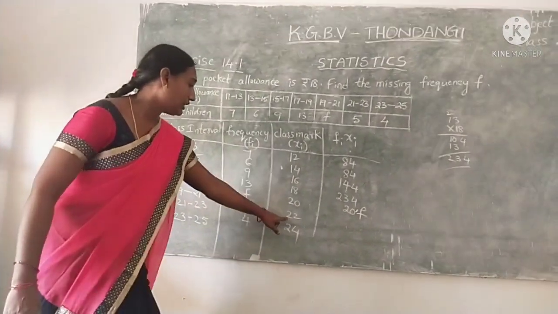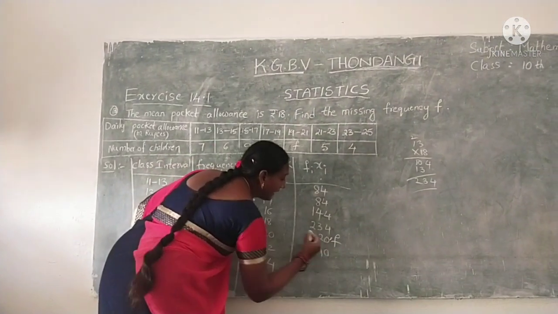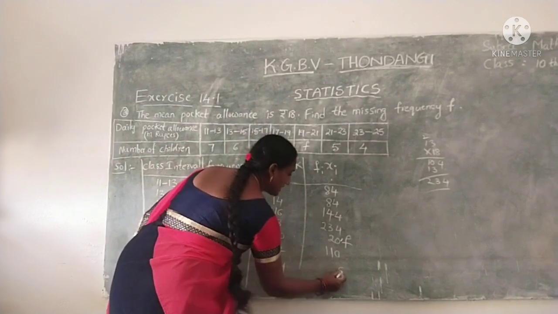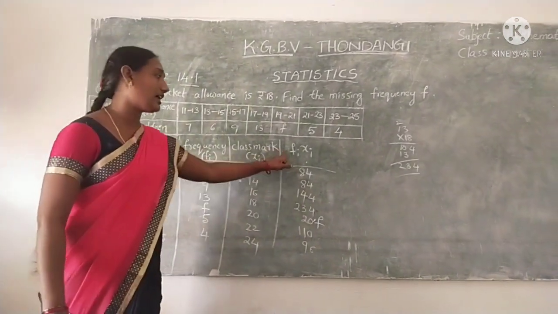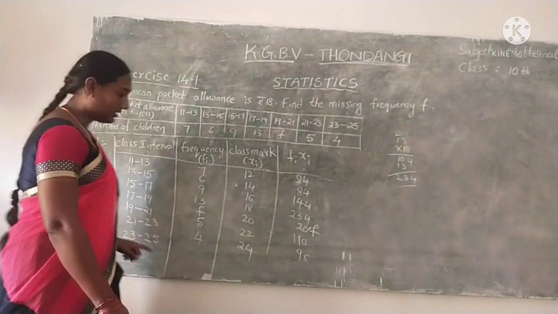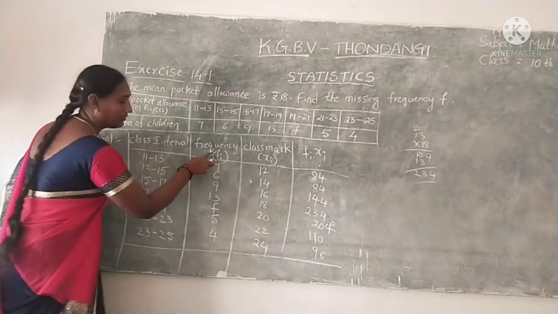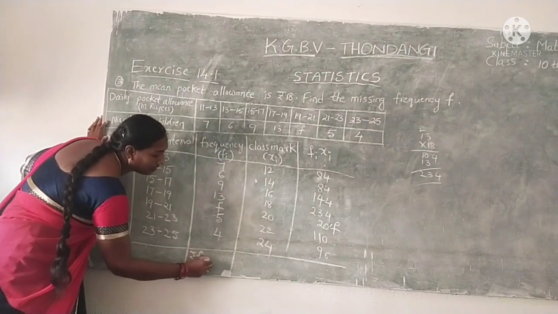Next, 22 5s are 110. Next, 4 24s are 96. So these are the values of Fi Xi. Here the total value of the frequencies, that means sigma Fi.